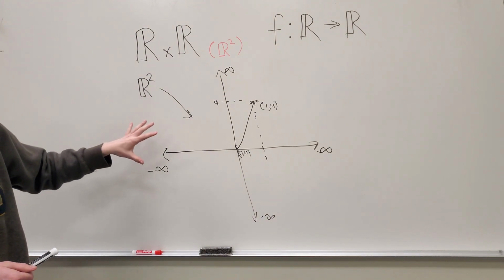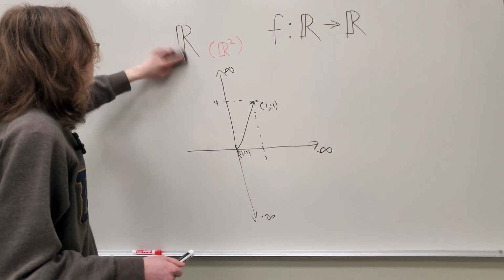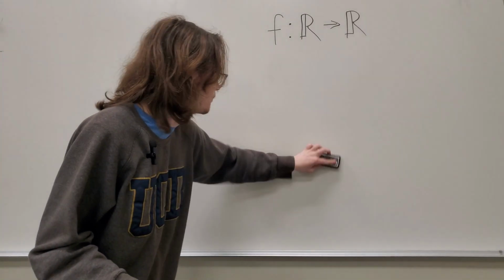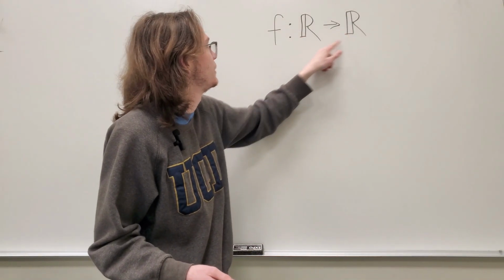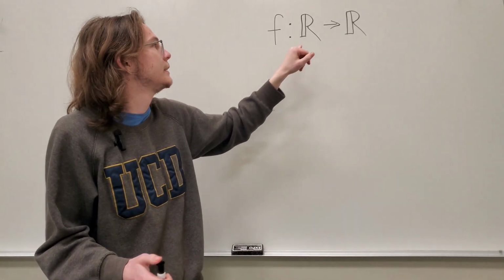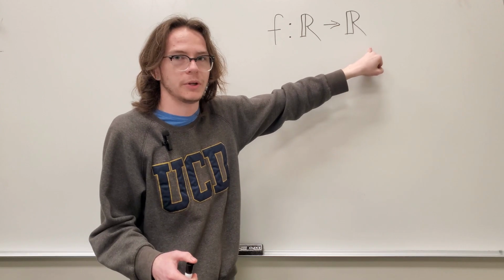All right, so with that in mind, let's talk about this notation. Let's think about what this means. We've got our function f, and what this says is that we are taking an input in the real numbers and we are mapping it to an output in the real numbers.